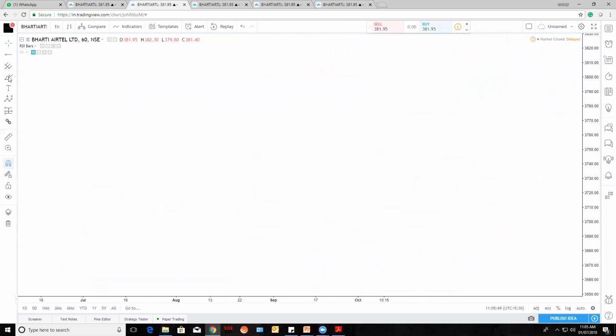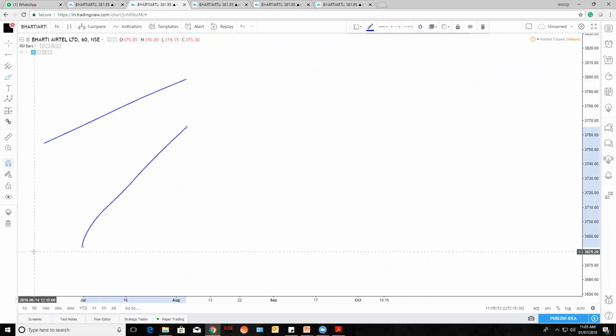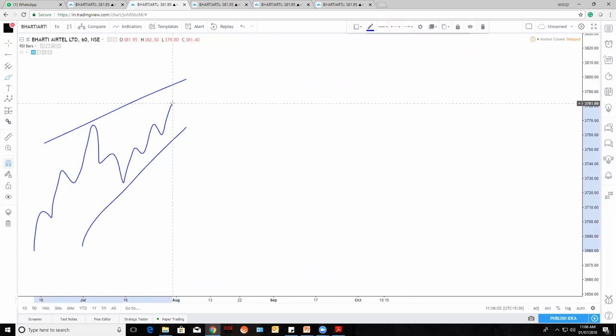Let's say again it's a leading diagonal. Let's say here the internal waves are 5 waves: 1 2 3 4 and 5. Then a correction, 1 2 3 4 and 5. After that a correction.